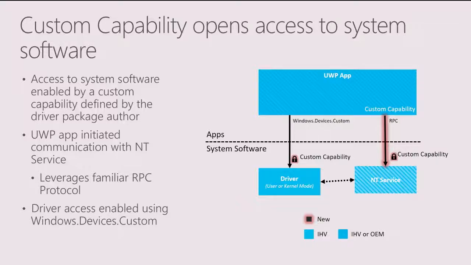Driver access is enabled from UWP using custom capability and the familiar windows.devices.custom WinRT API. So Ben, can you explain to our viewers in detail how they can enable access to NT services and drivers by using custom capabilities? Sure.